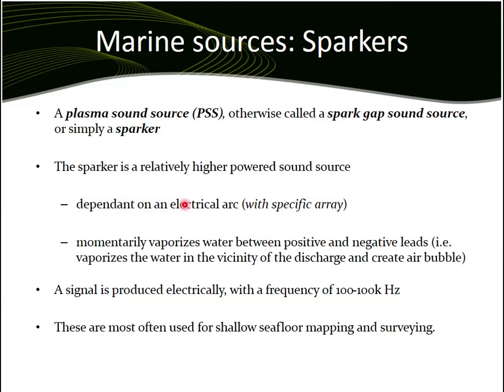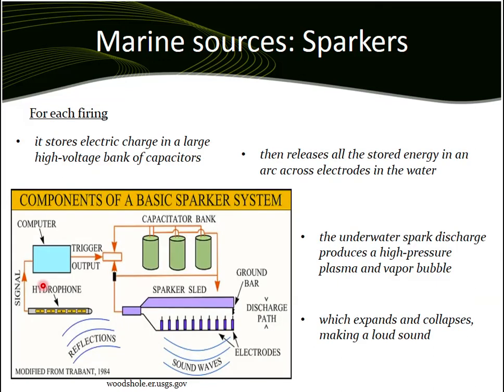Momentarily, water is vaporized between the positive and negative electrodes. This electrical discharge leads to the formation and rapid growth of plasma bubbles. Due to its high frequency signal, most of the time this type of source is beneficial for seafloor mapping and surveying purposes.